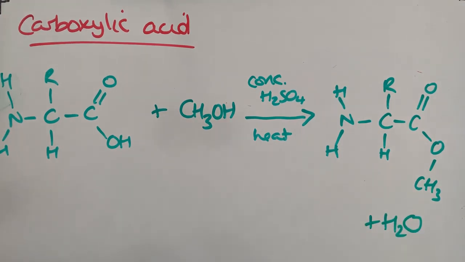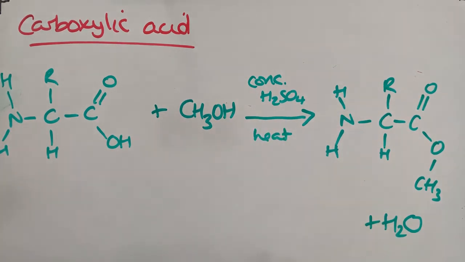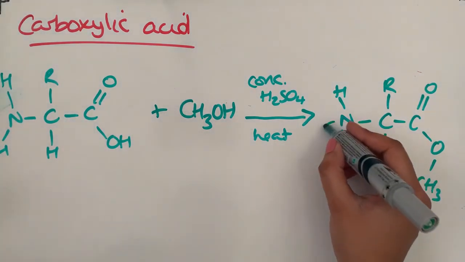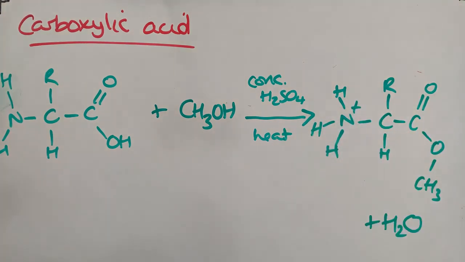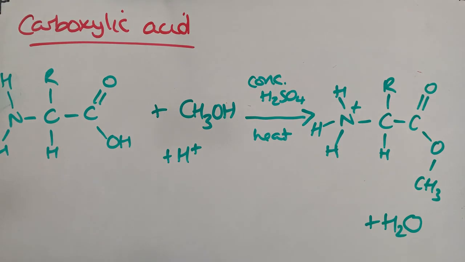Now the thing to be careful of over here, something that people get wrong or miss out a lot, is that the conditions you've got here are acidic conditions. Okay, as we said, anytime you have an amino acid under acidic conditions, you must protonate your amine group there. Okay, so you must do this part over here to balance it, so that you need to have a proton on that side.